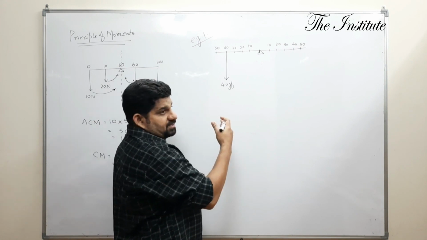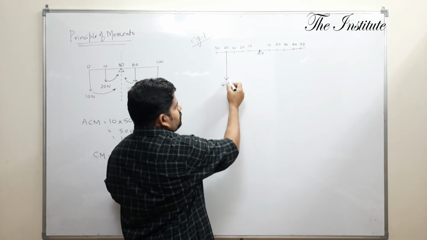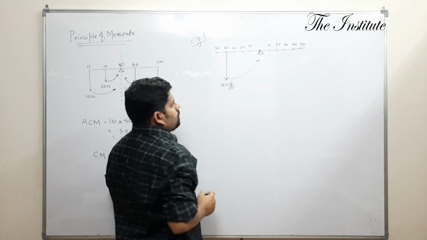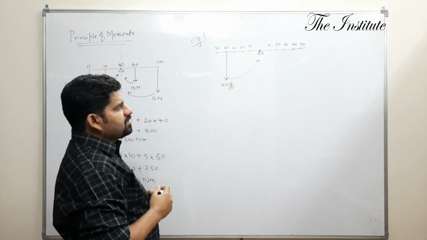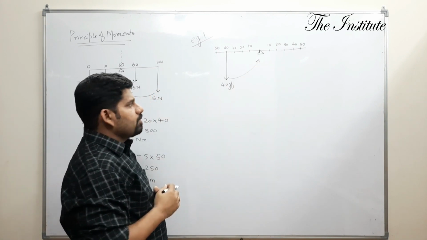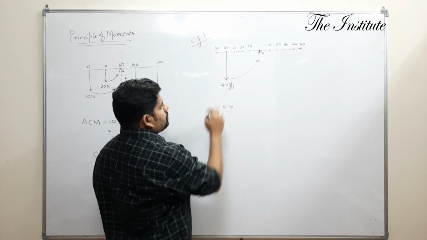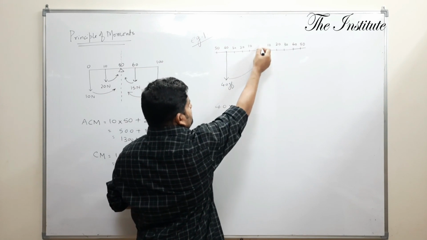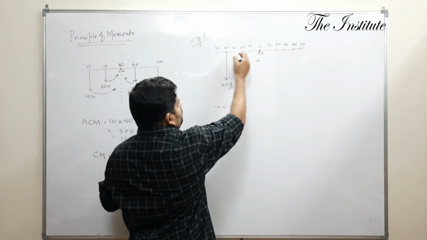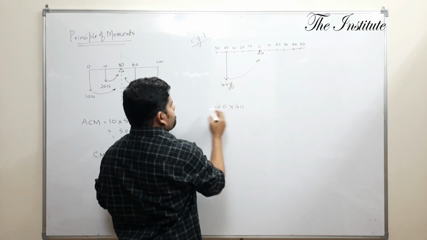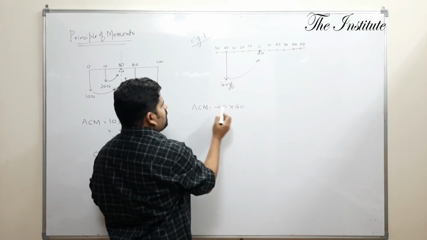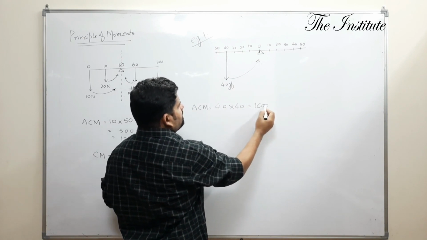We need to balance this. So, we can see that this force produces an anti-clockwise torque. Force into distance from the fulcrum, let's call it 0. So the distance is 40. Anti-clockwise moment is coming out to be 1600.